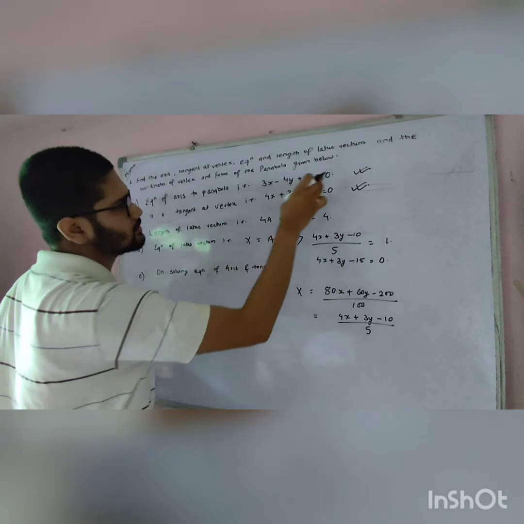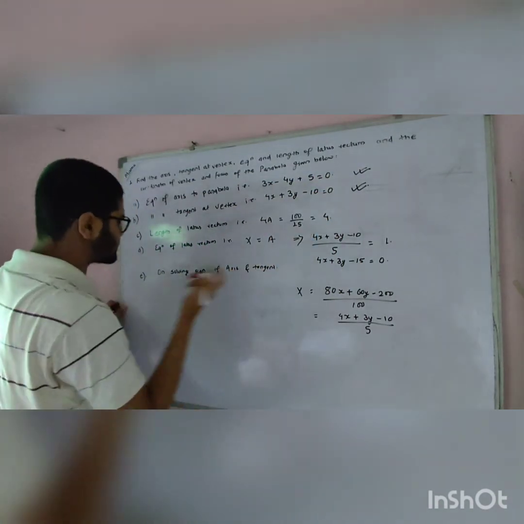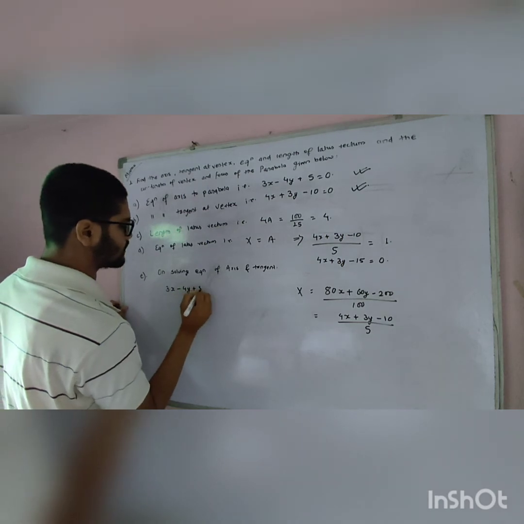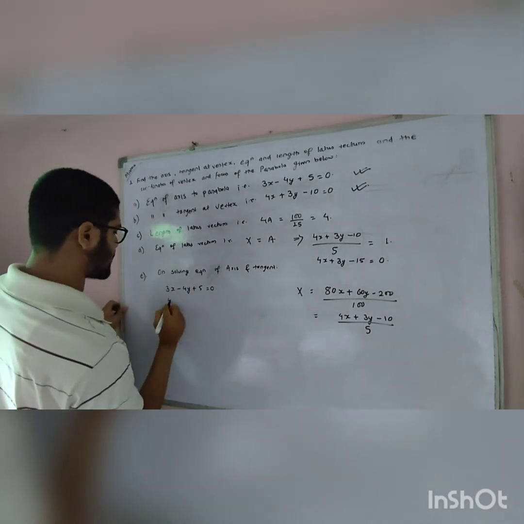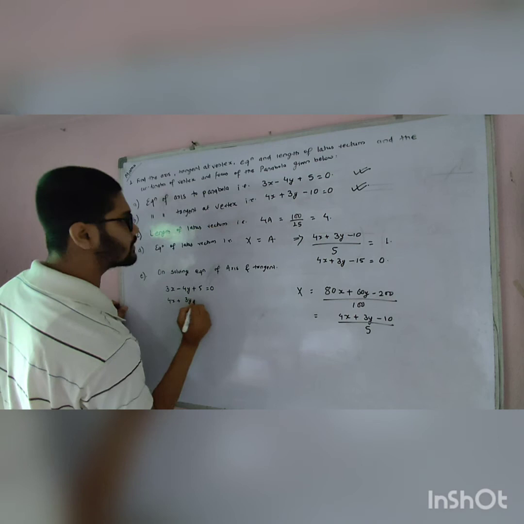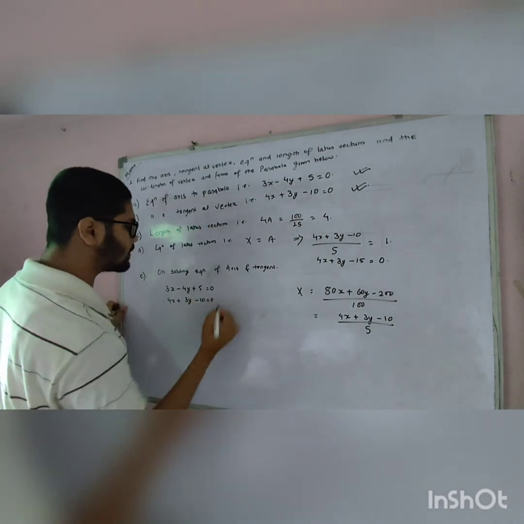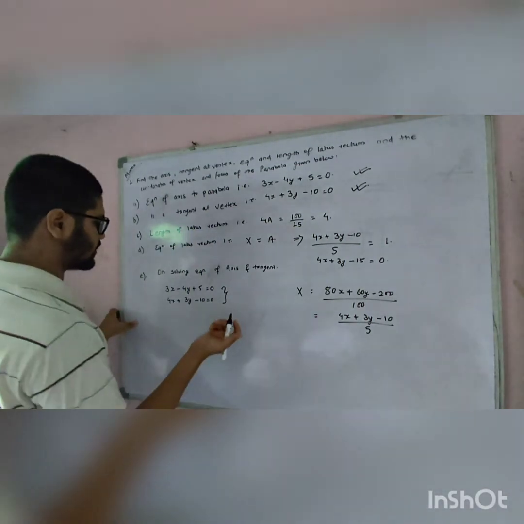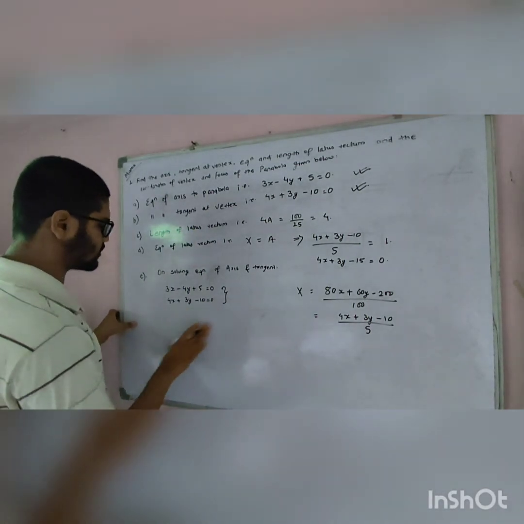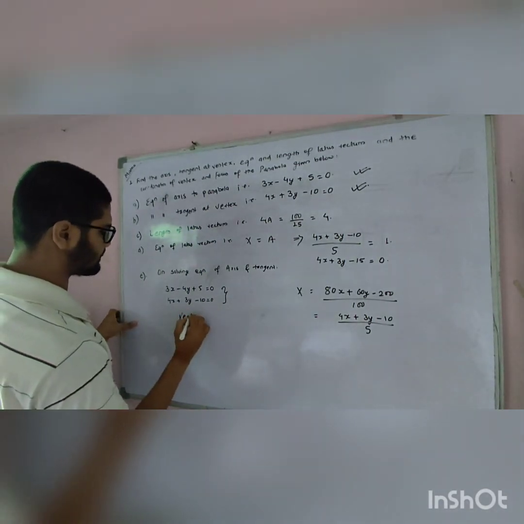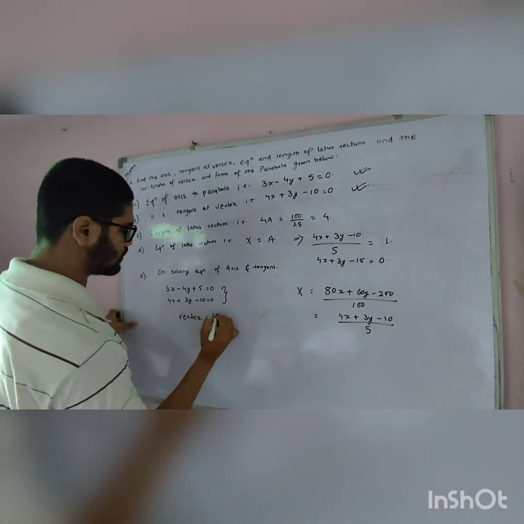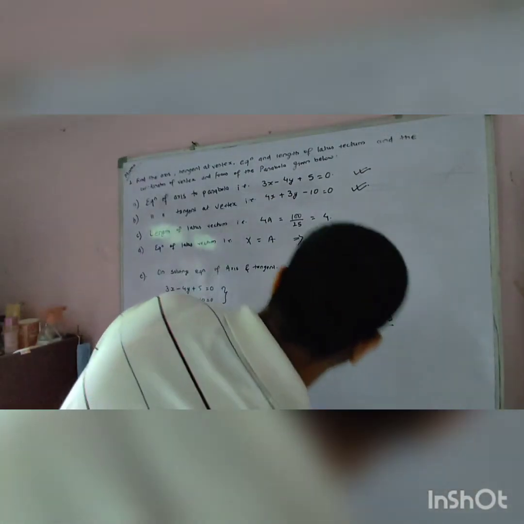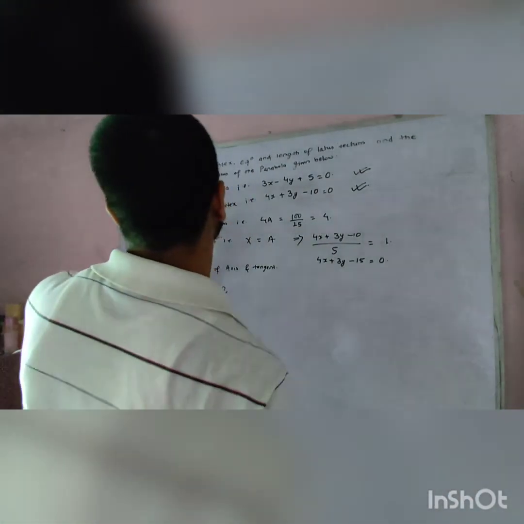You can manually solve this, or simply use the calculator. So we are solving 3x minus 4y plus 5 equals 0 and 4x plus 3y minus 10 equals 0. Use the calculator, that will be much easier. On using the calculator, I have already solved it. So the vertex is (1, 2).